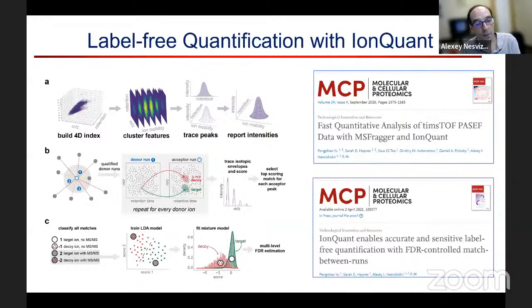But even for Thermo data, we have key advantages in that we have highly efficient match between runs implemented in there. So not only optimized signal processing, but we also have match between runs with false discovery rate control. And false discovery rate control for match between runs is the third key part of IonQuant.